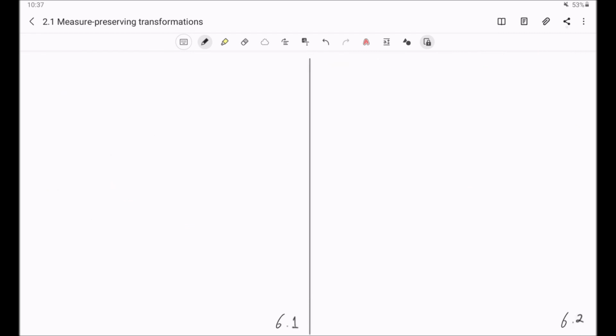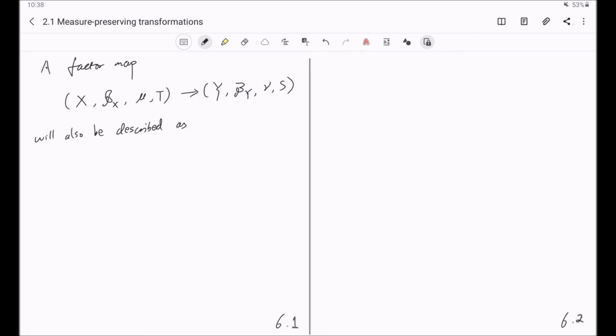A measure-preserving map from the system X, B, mu, T to Y, B, mu, S will also be described as an extension of our second system, Y, B, mu, S.